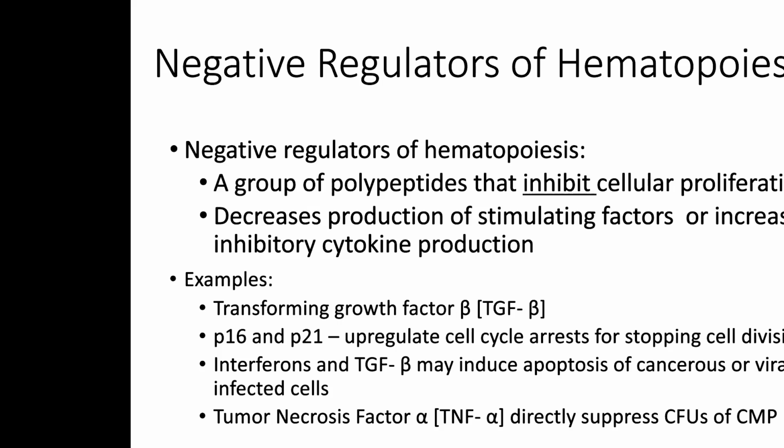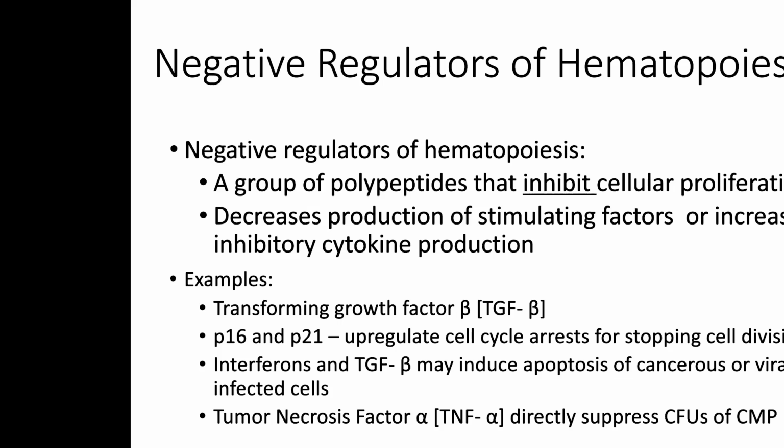In conjunction with positive regulators or signals that will cause the cell to continue proliferating, we also have negative regulators, and they're just as important as our positive ones. Negative regulators represent a group of polypeptides that will inhibit cell proliferation.